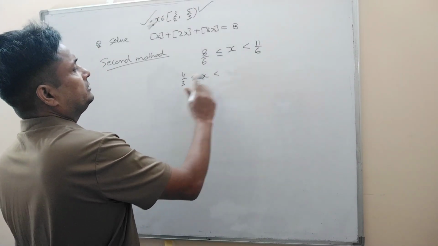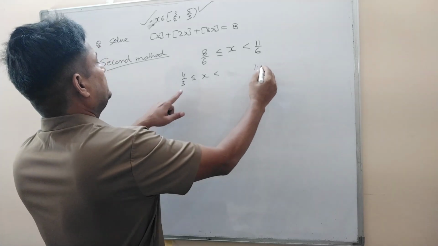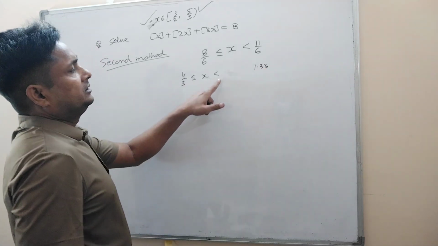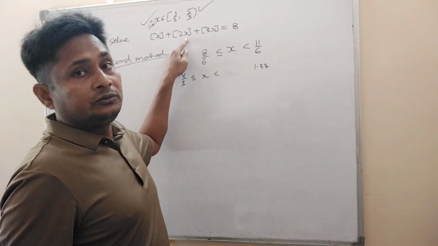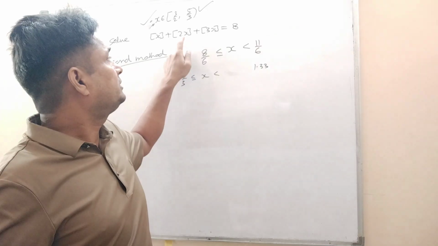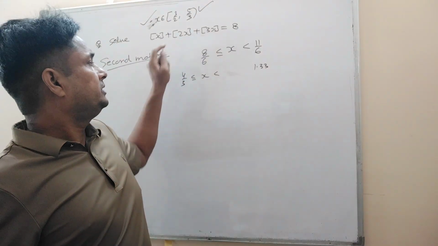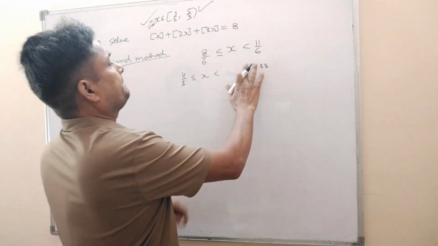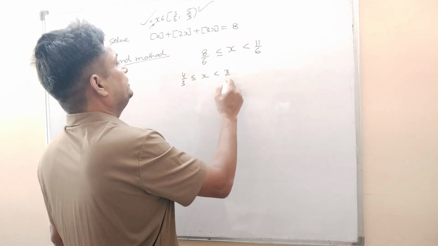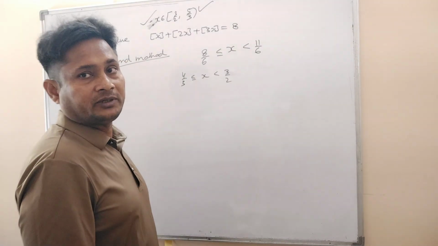This is 1.33. And greatest integer of 2x will change at what value? If we take this one as less than 3/2.